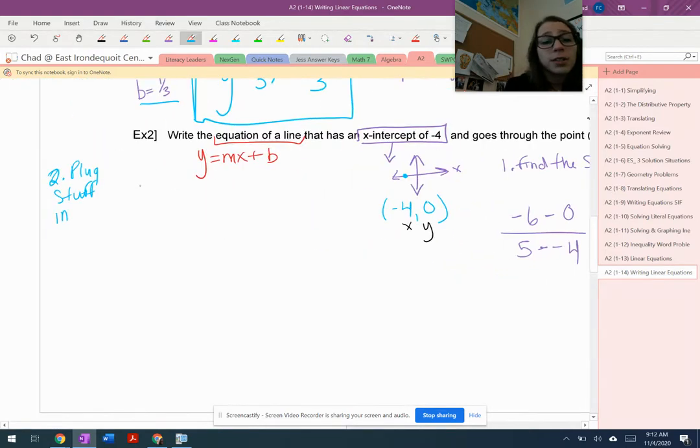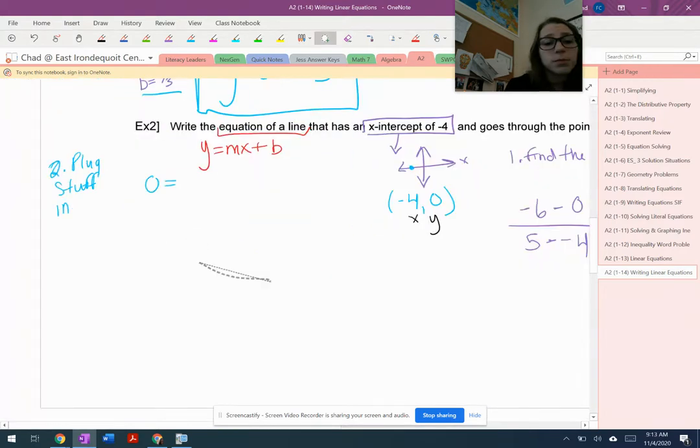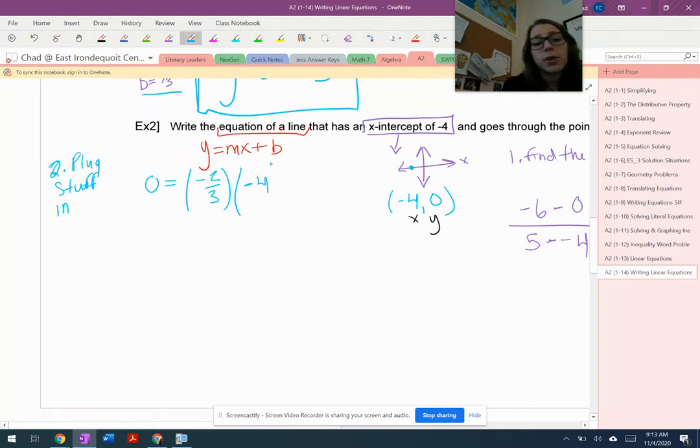So y is 0, so I have 0 equals m, my slope was -2/3, so -2/3, x is -4, and then that plus b stays as plus b. So now we're just going to take that equation and solve for b.